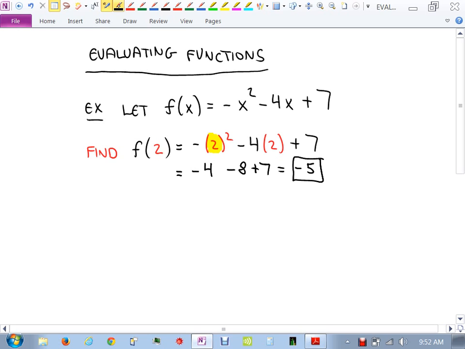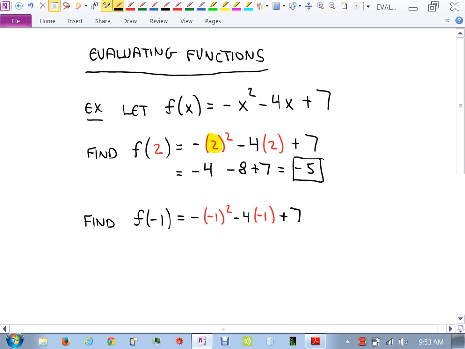Now let's find something else. How about we find f of negative 1? So negative, and then I'm plugging in negative 1 squared, then minus 4 times negative 1, right? Then plus 7.